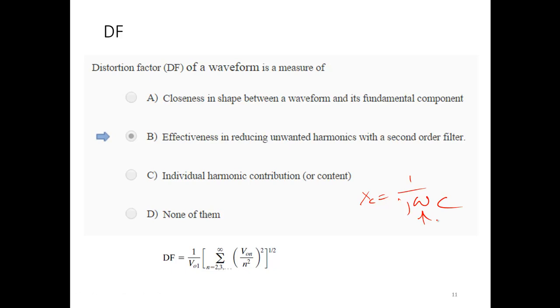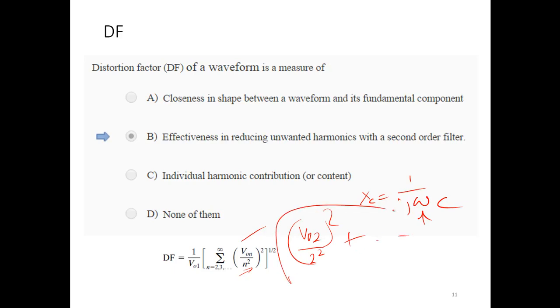It's a question of how effective it will be using a second order filter. That's why you bring in the harmonic content divided by the attenuation, which is divided by n squared. The higher the frequency, the better it will be attenuated. That's why the distortion factor is: VOn is the harmonics, VO2 divided by 2 squared for the second harmonic, and so on; you square each of them, add all of them, then take the square root.